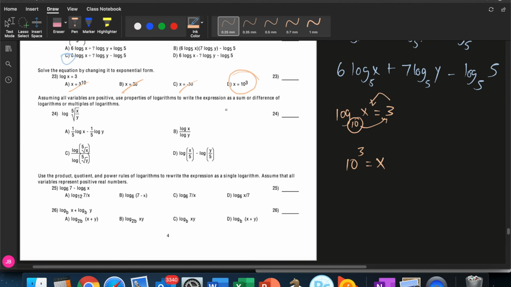Okay, so now we're going to go ahead and work with more logarithm rules. We have log base 10, because it's common log, of the square of the fifth root of x over y. Okay. So remember, sorry, let's use another color. We'll go with purple.